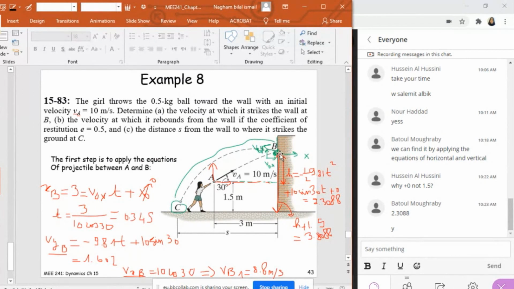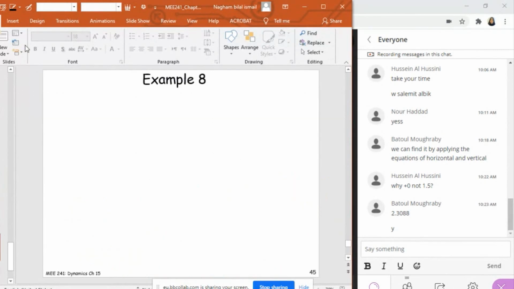Because I have now a projectile motion BC. Right? So as if I have a projectile motion from this point B to the floor. All right, and I know that this is 3.808, and that's why, guys, I found the YB. Right, so here I'm gonna use it.